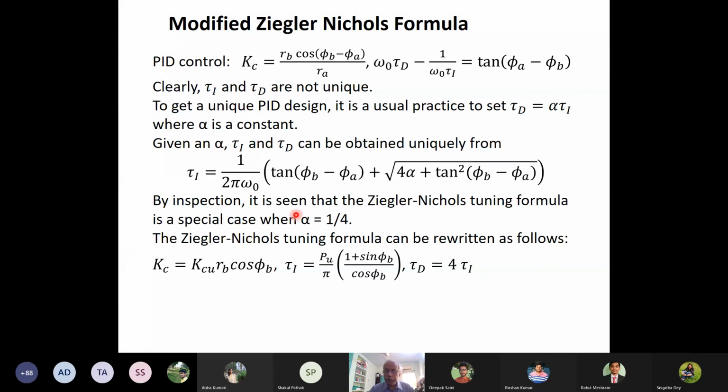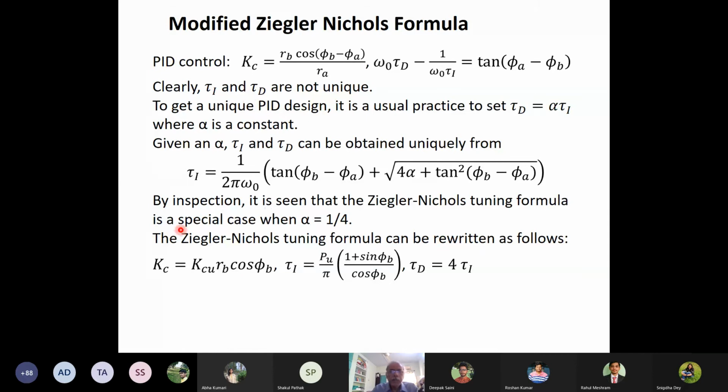Basically, we have used the basic experimental methodology of Ziegler-Nichols, because in Ziegler-Nichols they used the continuous cycling method to put the system in a position where the phase difference is minus 180 degrees, and they took the period of oscillations and the amplitude of those constant amplitude oscillations.